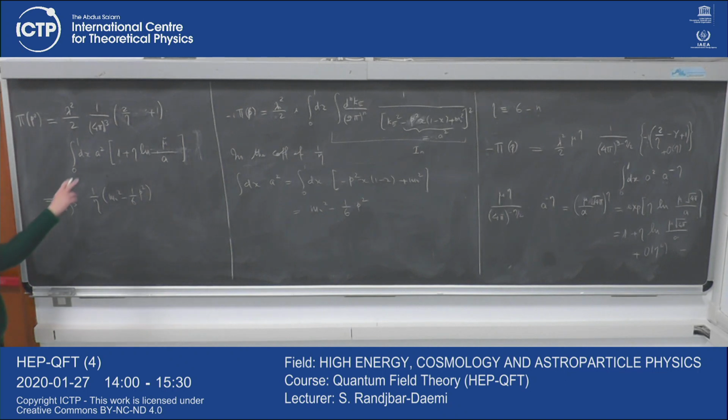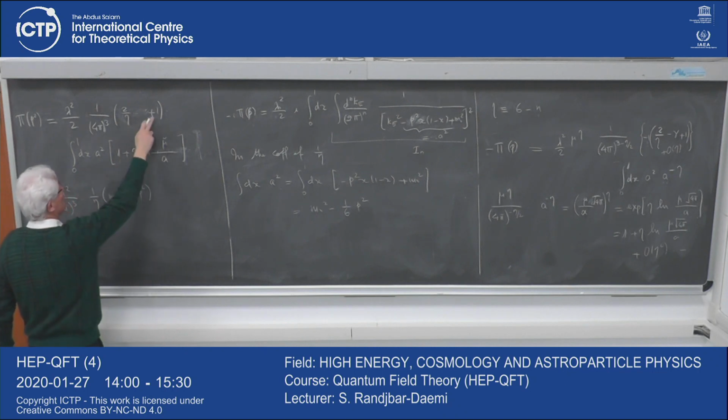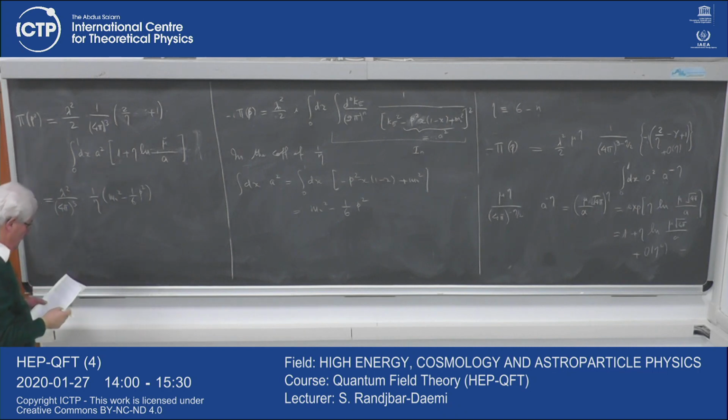Then there is this 1 times the rest. So that 1 times A squared terms will give you a p squared dependent term, which is independent of eta.